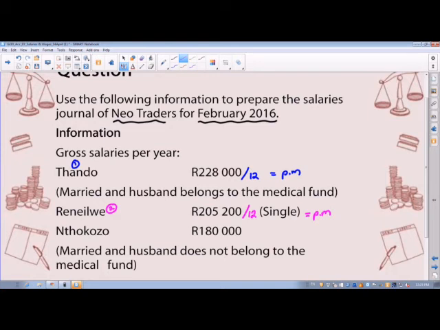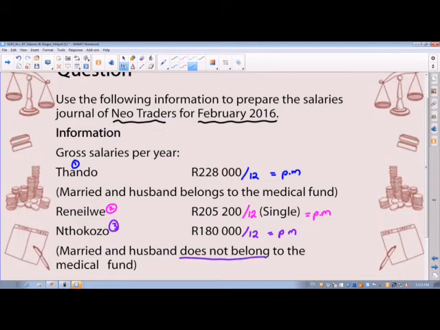And then our very last one, Ntukozo. Oh, sorry, Renilwe is single, right? But Ntukozo earns 180,000 per year. So again, we need to divide it by 12 to get the per month answer. And now I'm telling you, Ntukozo is married and her husband does not belong to the medical aid fund.